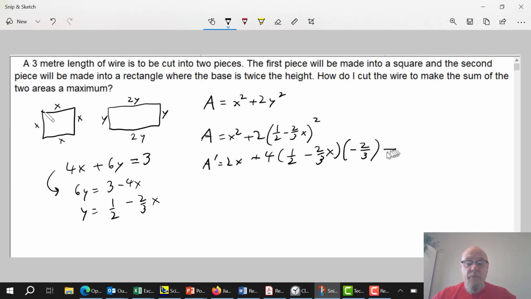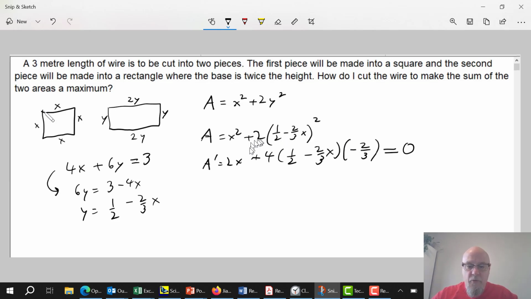Now I'm setting that equal to 0. A prime is the slope, and I'm looking for where the slope is flat, because that would be a maximum. Now it's a matter of solving for x. There's some algebra here.